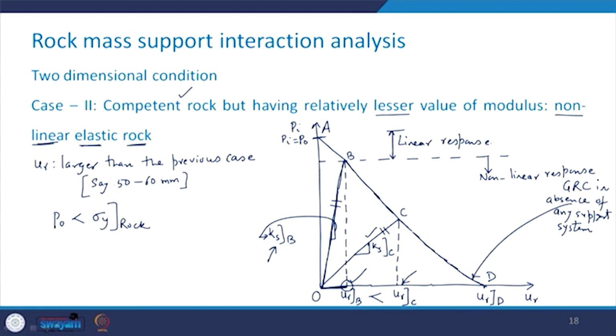And if you want to allow this high value of radial deformation, then you don't need a support system, even though it is the rock having a relatively lesser value of the modulus. So, this is how one can determine the stiffness of the support system. This is what is called as the support reaction curve.